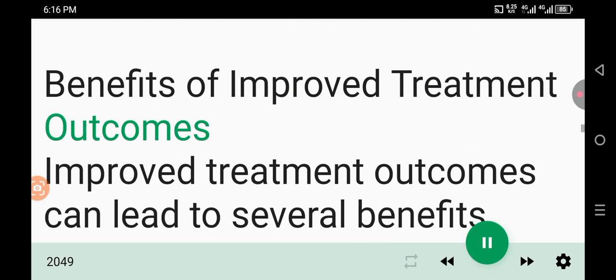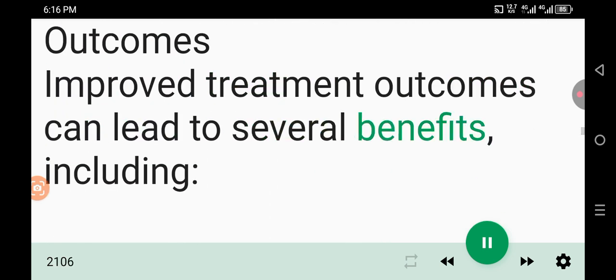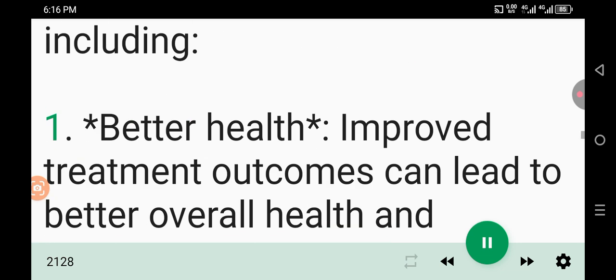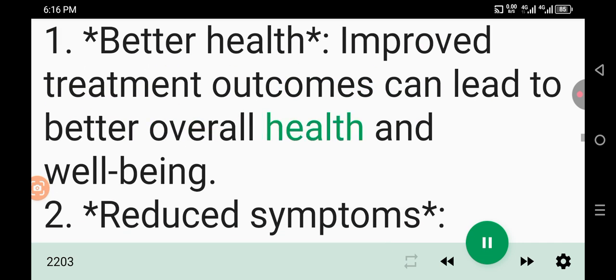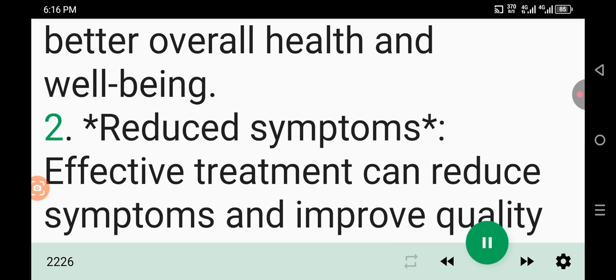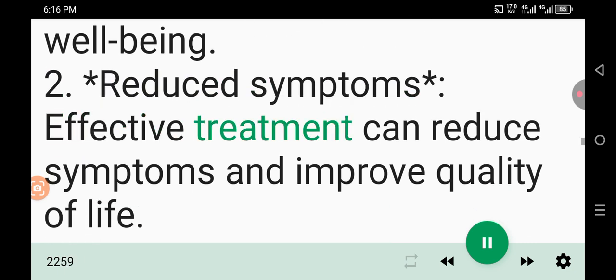Benefits of improved treatment outcomes. Improved treatment outcomes can lead to several benefits, including 1. Better health. Improved treatment outcomes can lead to better overall health and well-being. 2. Reduced symptoms.